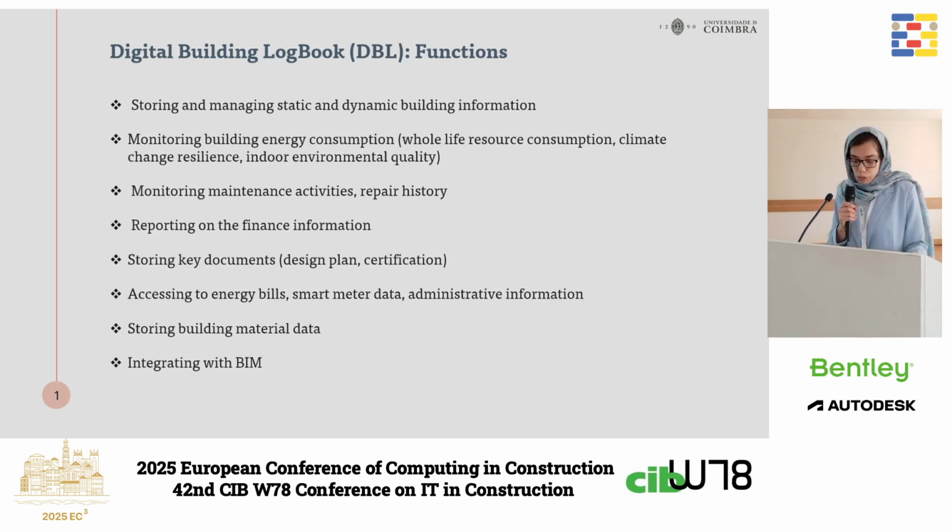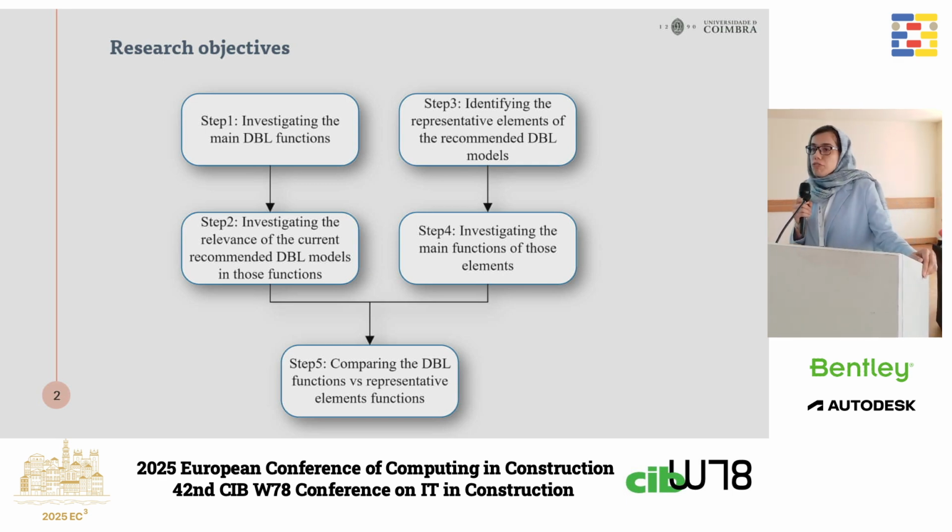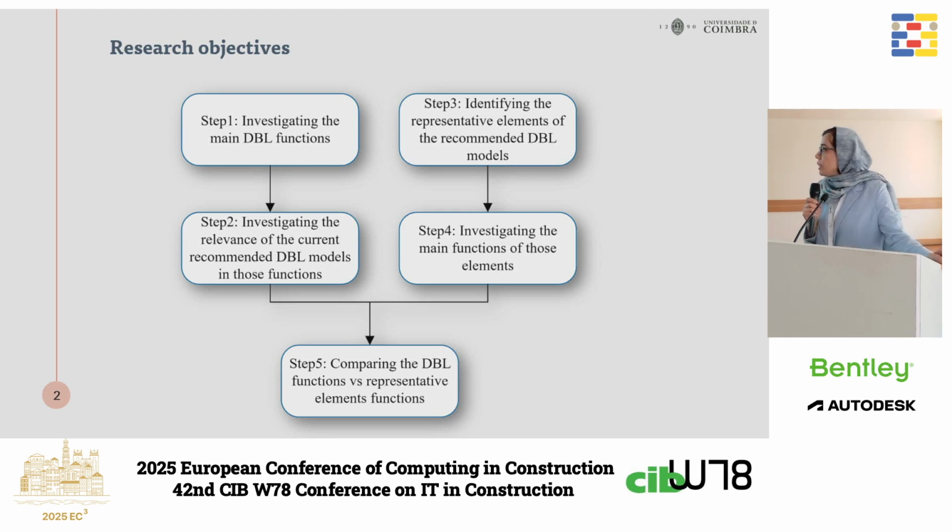the building information model. After identifying the main functionalities of the DBL, we investigated the relevance of the current DBL models in those functions, how much they are applicable in the DBL functions.